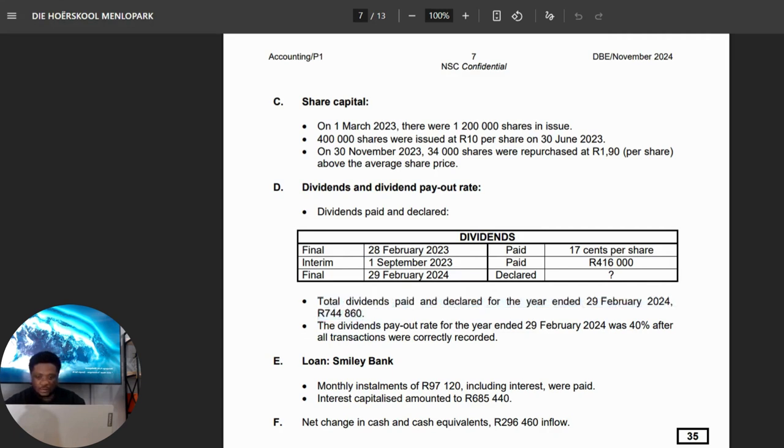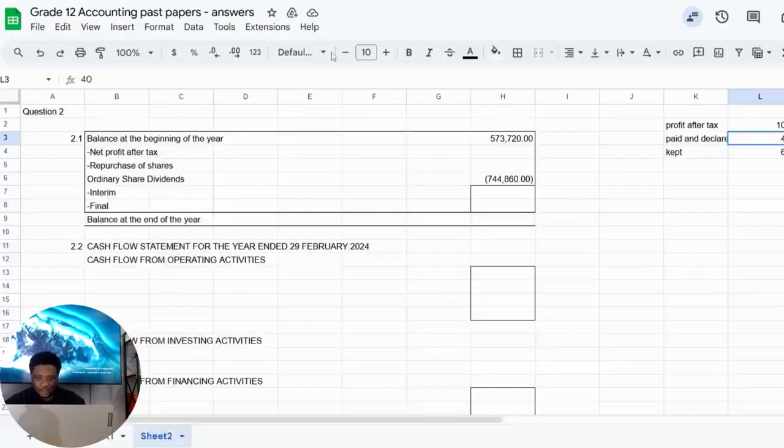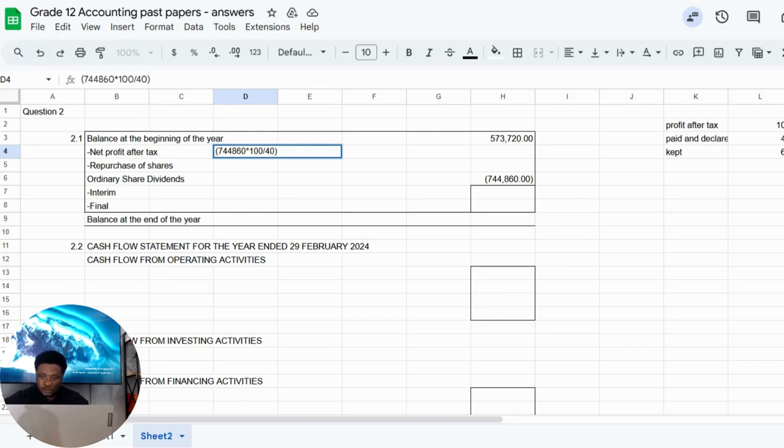So we can use 744,860 to work out the profit, because we want to get 100% of the profit. And so we would say 744,860, and then we would multiply it by 100, and then we'll divide by 40. So that gives us our net profit.